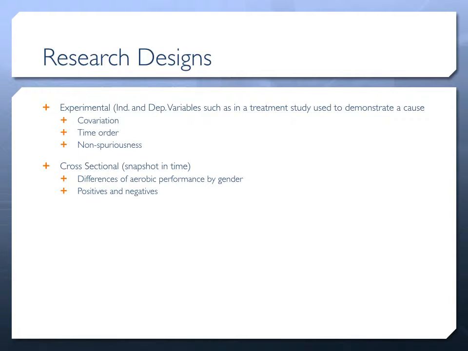You're not looking at the effect of something on a population that's related to an intervention necessarily. So you might look at the differences of aerobic performance by gender. So we look at males and females. We look at the differences in aerobic performance at a moment in time, and then we report on it.